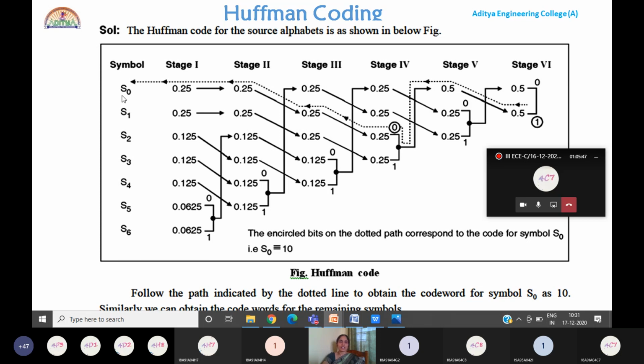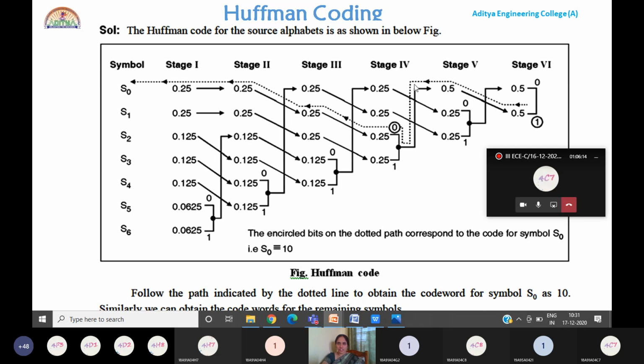Now let us see how we can calculate the code word for S0. First, the forward direction: it moved to stage 3, moved down, stage 4 moved down, stage 5 moved up, and in stage 6 it moved to the second position. Now start from here: 1. Next, for 0.5, did you assign any value?